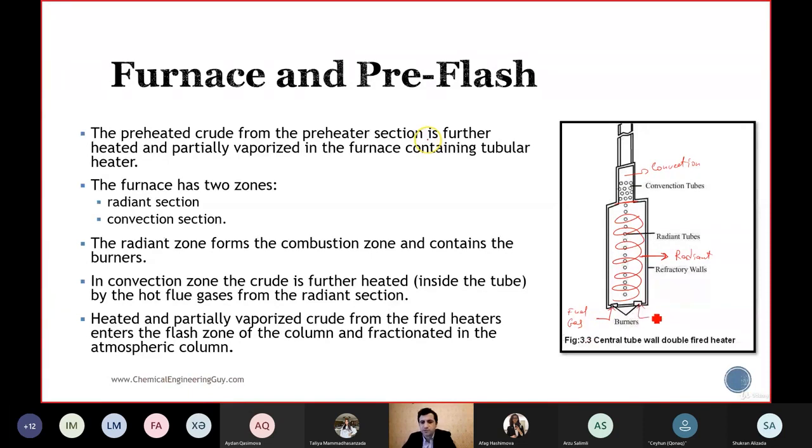But once they are burned, they leave the radiant section as flue gases. What are flue gases? What type of gases are in the flue gases? Who can tell me? What's the composition of flue gases?